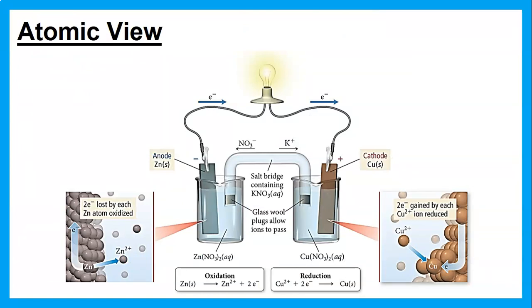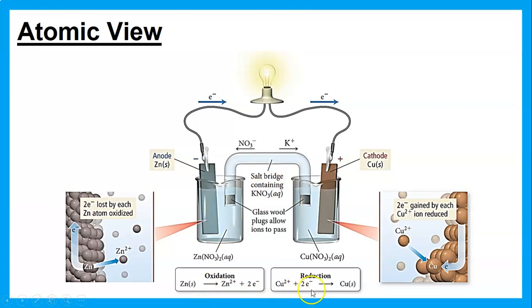Here's another example. You can see all the same kind of things are labeled. This time you may see an addition of something like a light bulb showing that electricity is flowing. The light bulb would turn on as the electrons flow through the wires. In this example, they've actually told you what type of salt is in your salt bridge.